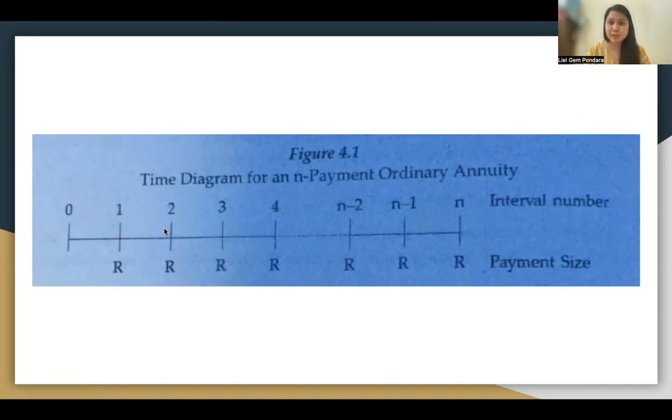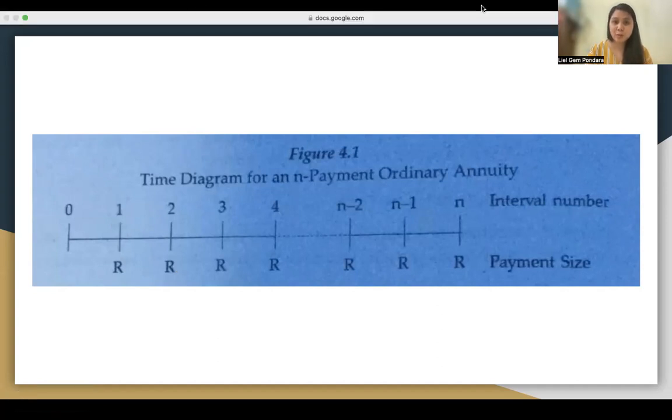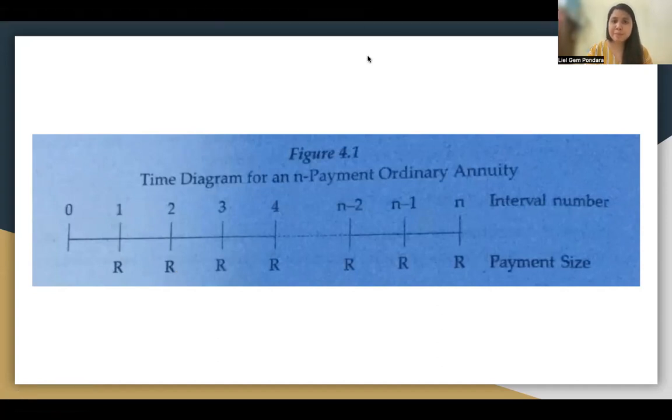In the next period, you will make another payment. This is an ordinary annuity, because if this is an annuity due, you need to start your payment at zero. It means that the moment you started with a loan, or the moment you started with the rent, you need to pay at the beginning.